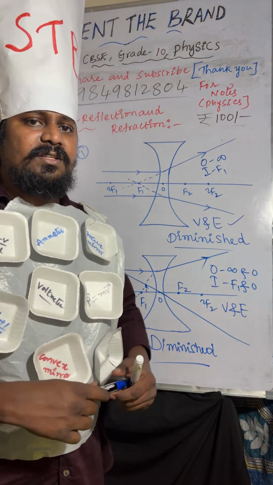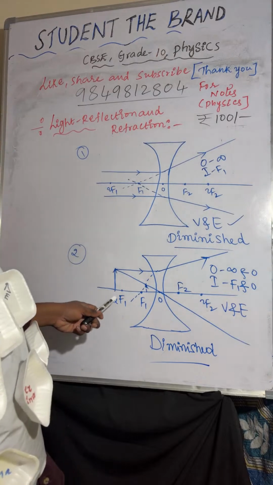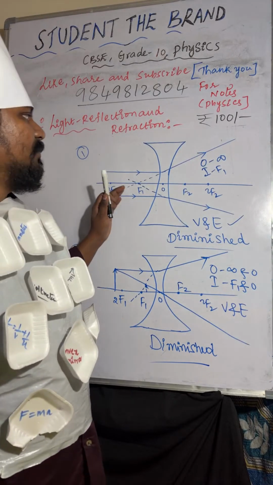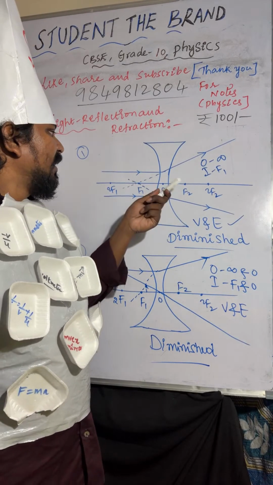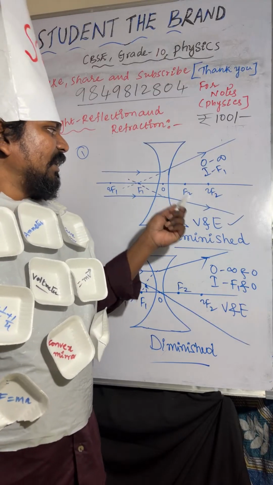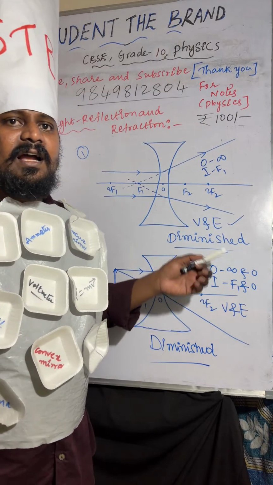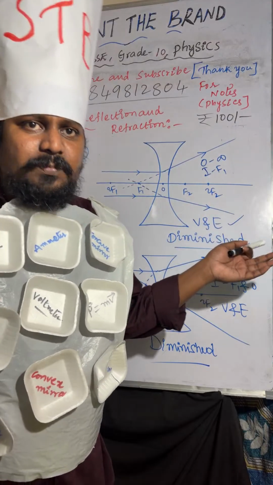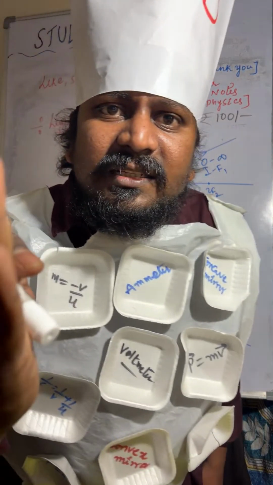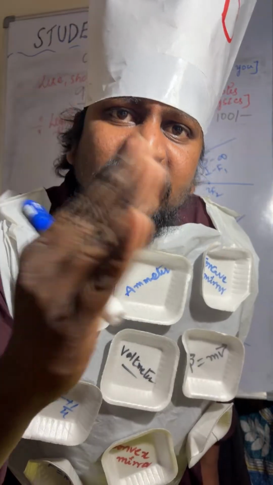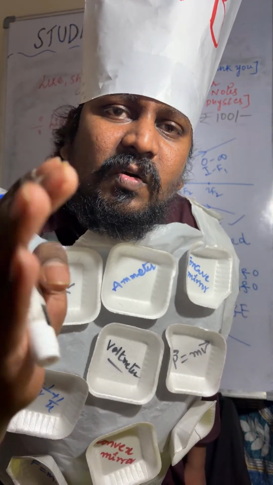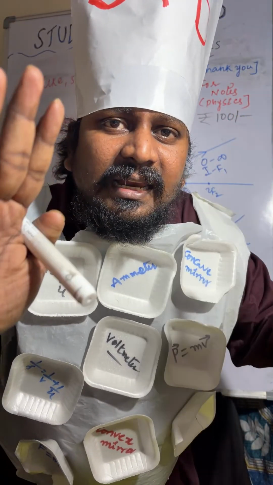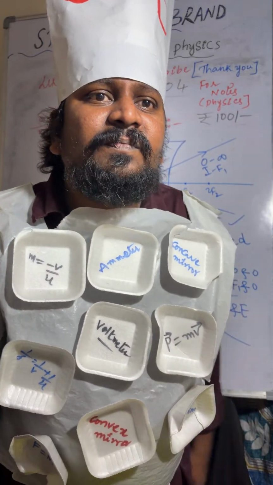Here object is placed at infinity, image is formed at F1, nature of the image is virtual, erect and highly diminished. Because image is point size, that's why it is called highly diminished.